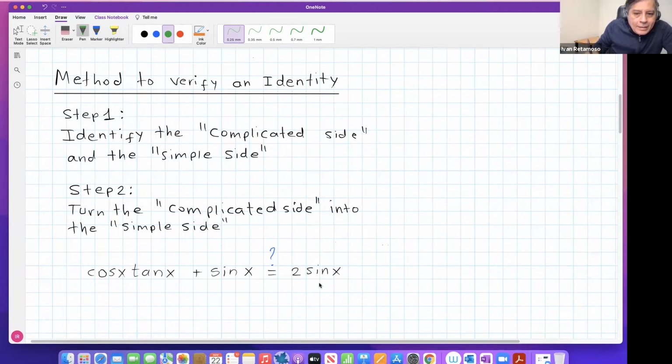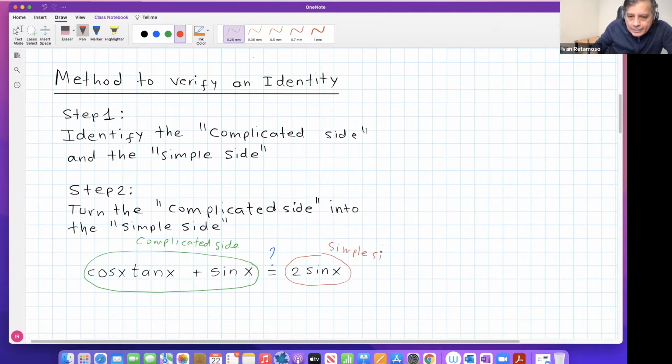The right side looks like something that I cannot work with. So definitely this one is the complicated side, and this one should clearly be the simple side. Very good, simple side.